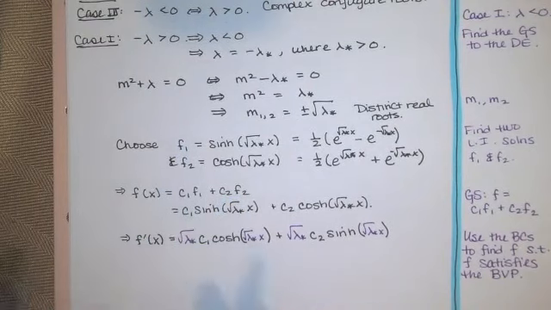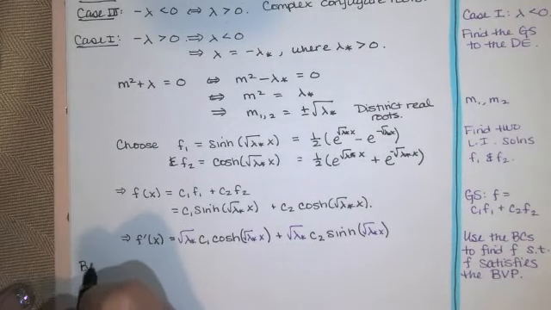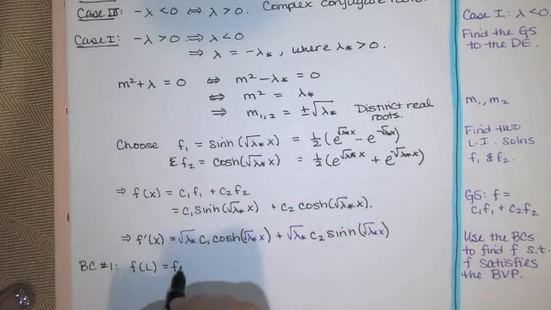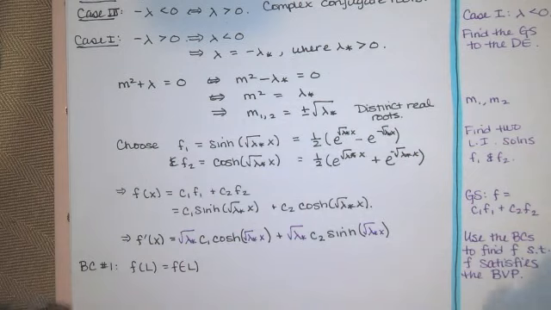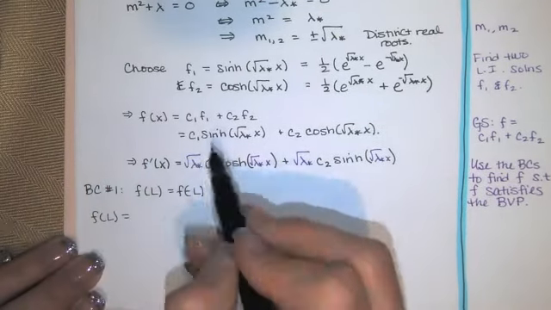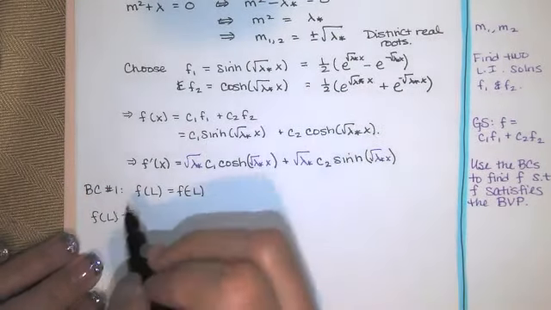Okay, so we've got f of x and we've got f prime of x. And now we can use the boundary conditions to come up with a couple of equations. Our first boundary condition tells us that f of L and f of negative L have to be equal to each other. So the first thing that I will do is I'll find f of L. I'm just substituting in x equals L here.